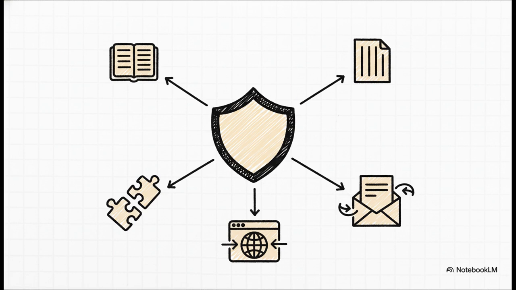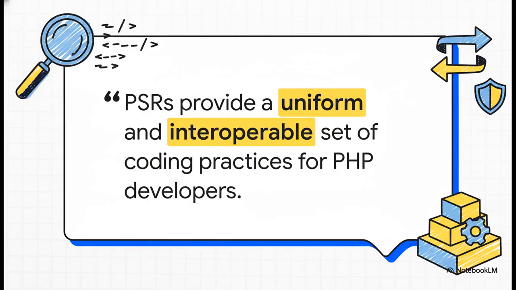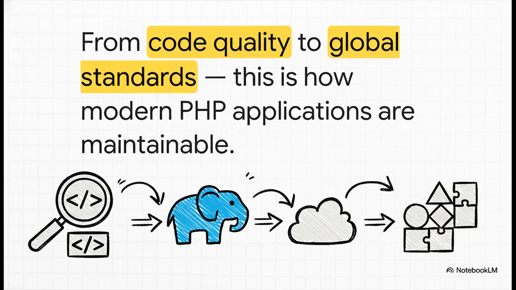There are even PSRs for standardizing how we build and use HTTP clients, which ties right back into what we were just talking about. So, if there's one thing to remember about all this, it's this. PSRs are the grammar of modern PHP. They're the shared conventions that let everyone write code that speaks the same language. When you follow them, your code isn't just making sense to you, it's making sense to the entire global PHP community.